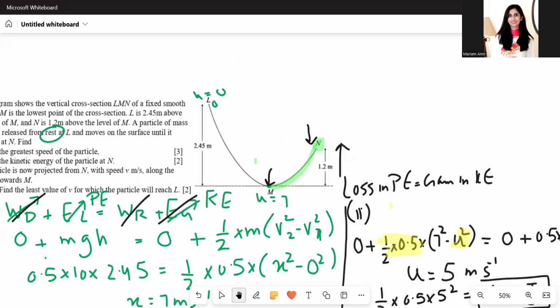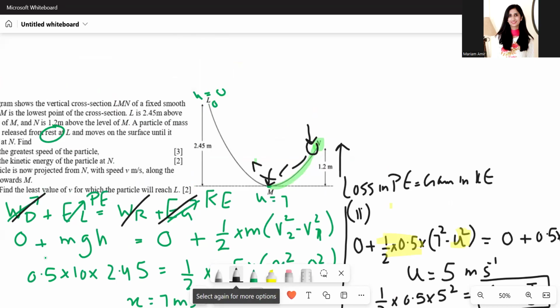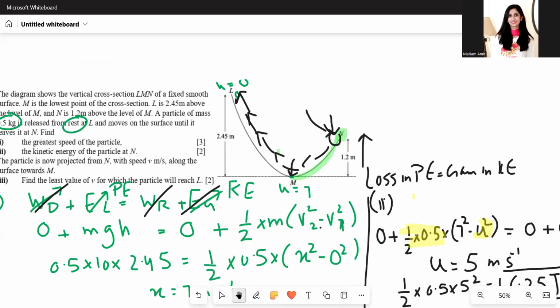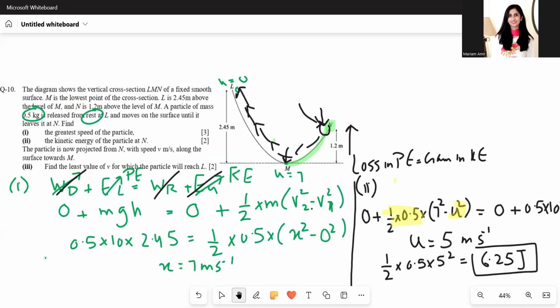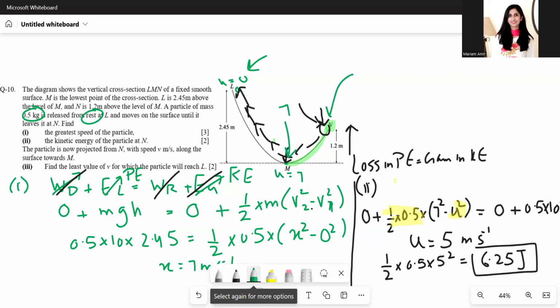Okay, again, now the particle is projected from here and it will follow this path and it needs to go back to this point where it came from. And the question is asking for the least value of V that can be taken here. Since there is again no resistance mentioned in the question, and we know it started from 0 and this was 7 and this speed was 5.